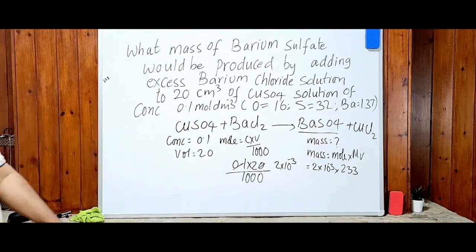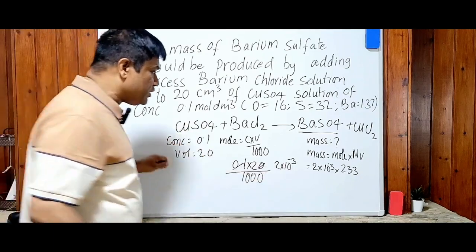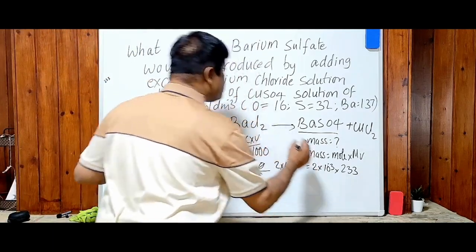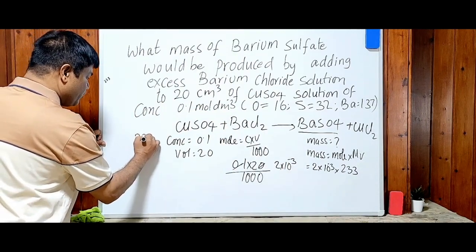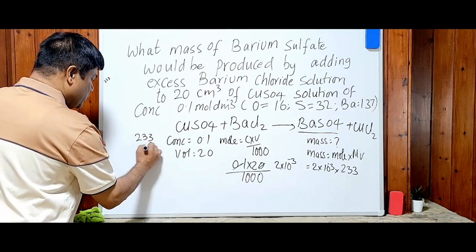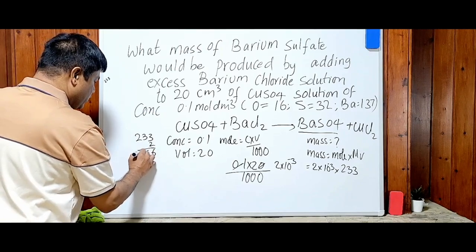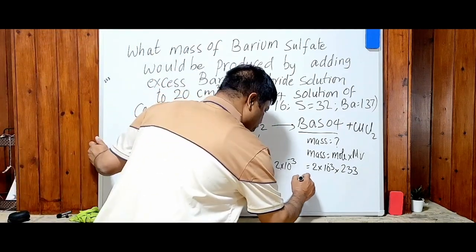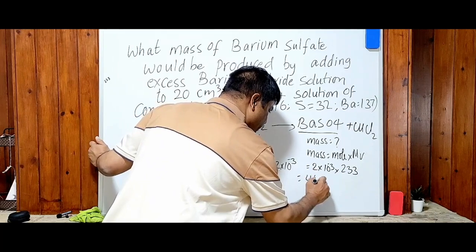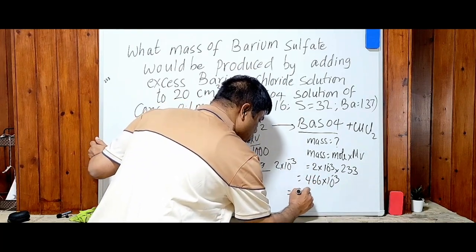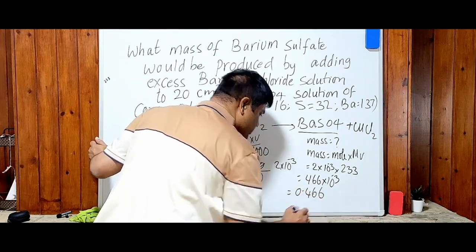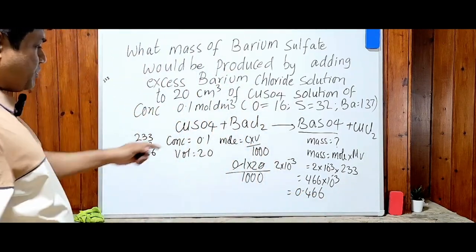Now, mass equals mole times MR. So 2 times 233 times 10 to the power of minus 3 equals 466 into 10 to the power of minus 3, or 0.466 grams.